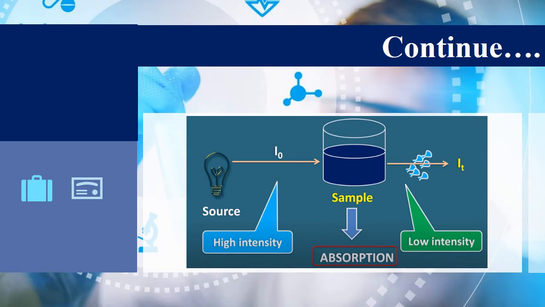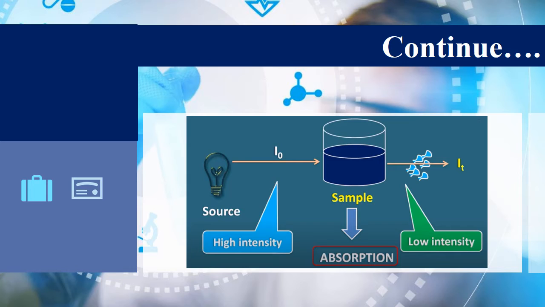So suppose we have a drug. The drug is going to be dissolved in a suitable solvent, and we have a prepared sample. And this sample is going to be irradiated with a light source which sends the electromagnetic radiations.